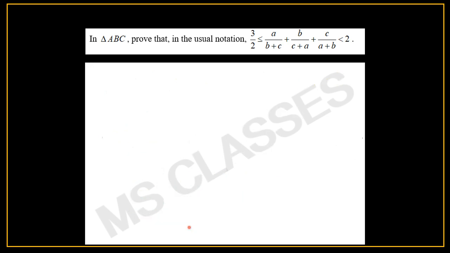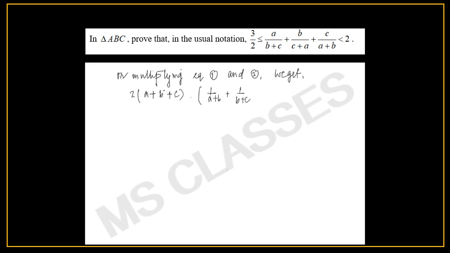So on multiplying equation 1 and 2, we get 2 times a plus b plus c into 1 by a plus b plus 1 by b plus c plus 1 by c plus a greater than or equal to 9. Why? Because it is 3 into 3, so greater than or equal to 9.